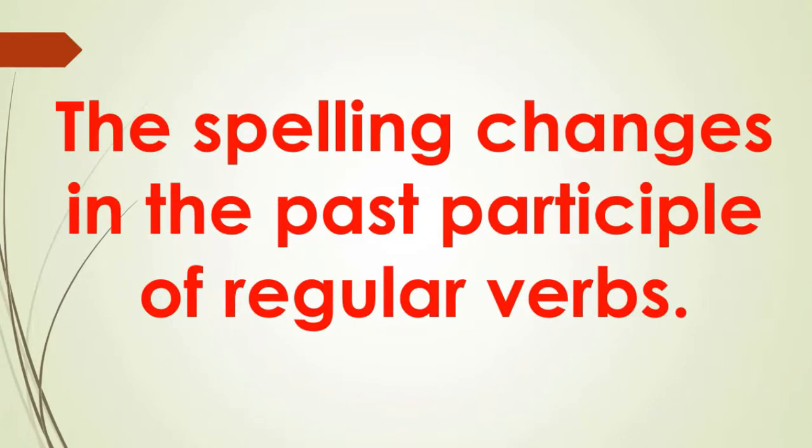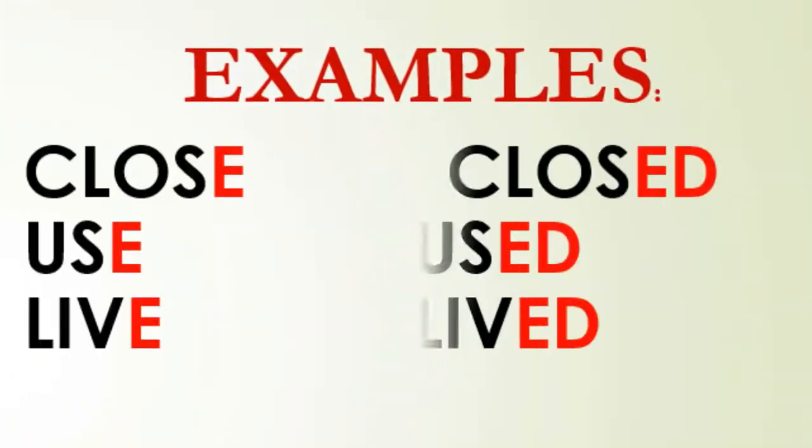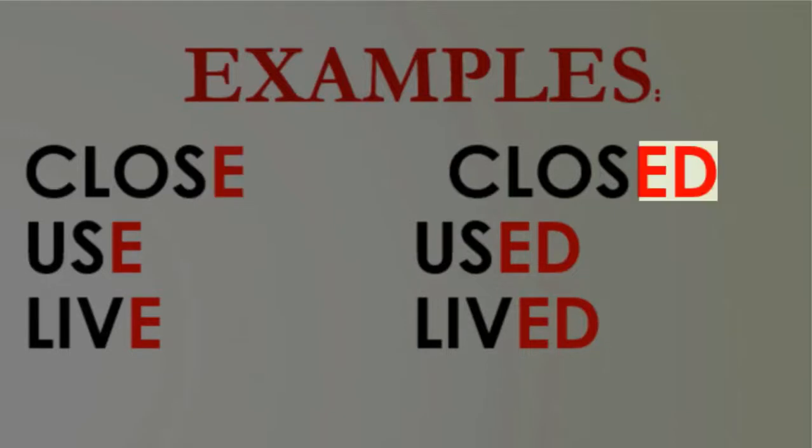The spelling changes in the past participle of regular verbs. Spelling rule 1. Regular verbs ending in a silent E take D. For example, close, closed, use, used, leave, leaved.